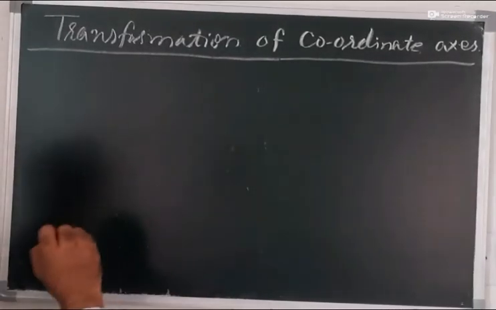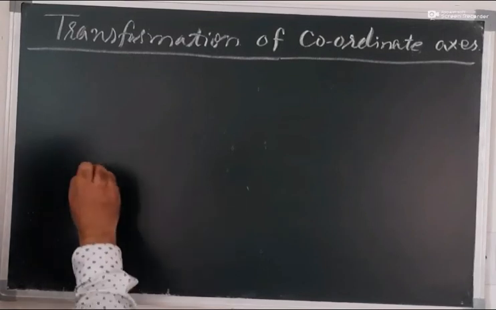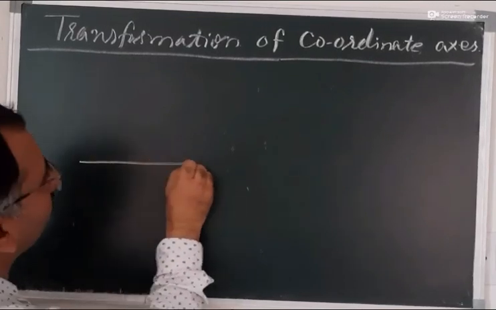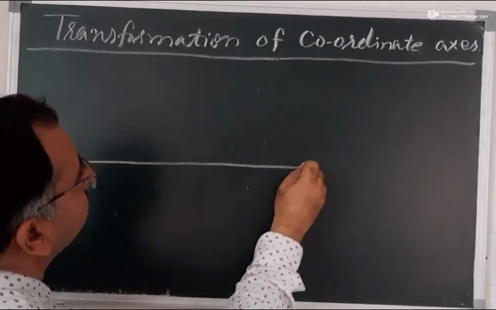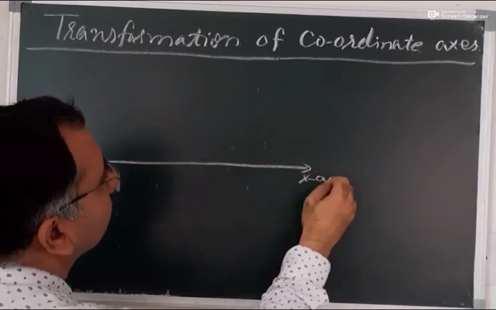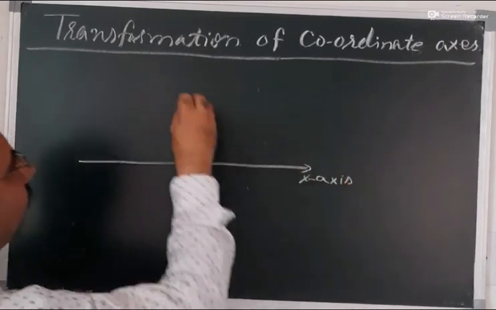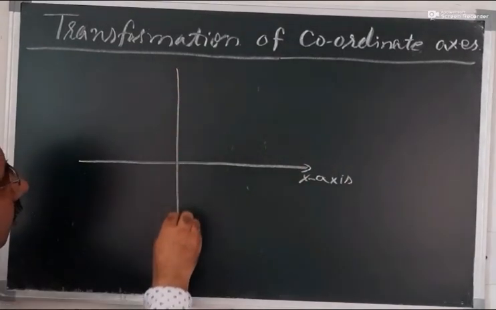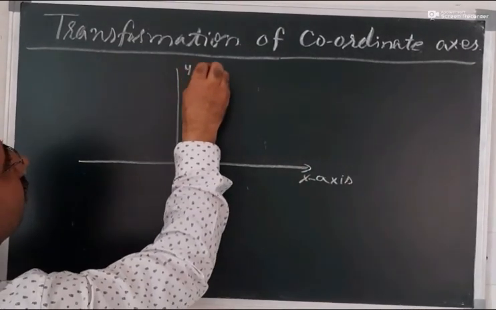It is defined as follows: in a plane we take one horizontal line called x-axis and a vertical line called y-axis.